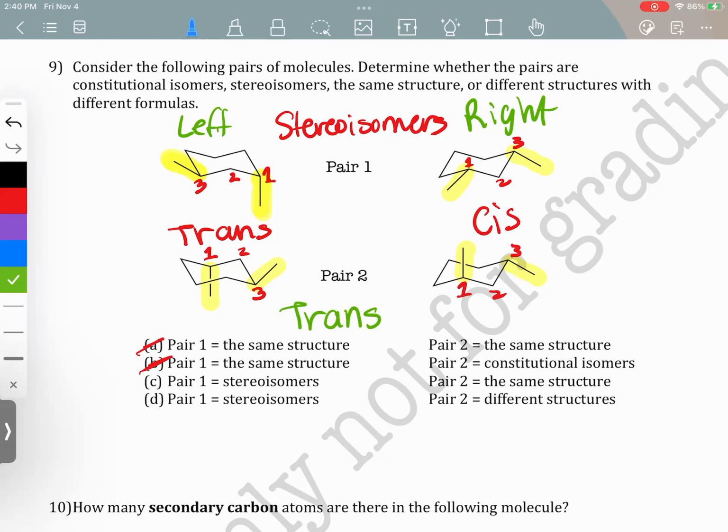So what do you think these two are then? Are they constitutional isomers, stereoisomers, the same or different? It's going to be C, the same for pair two. Pair two is the same molecule. If you name both of these, they're going to have the same name. So the answer choice that best matches is C. Pair one, stereoisomers, pair two, same structure.